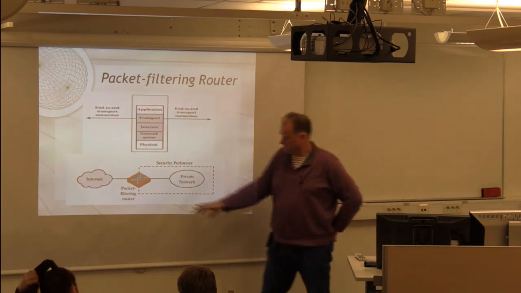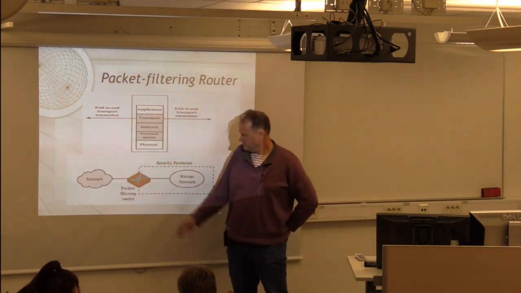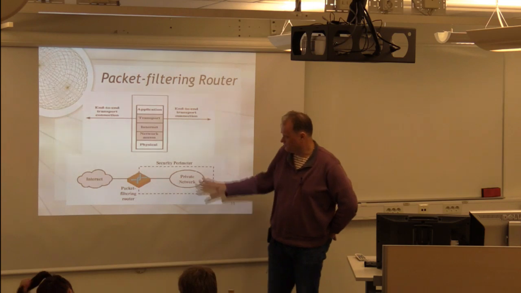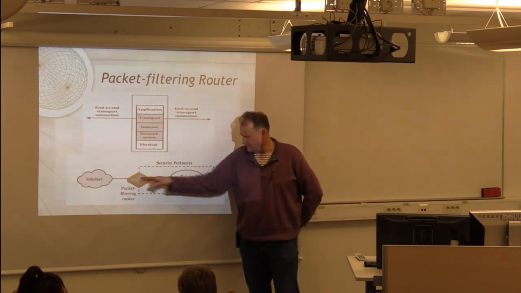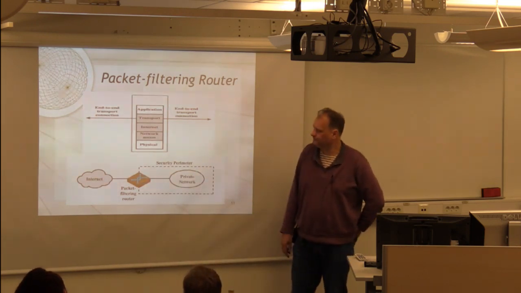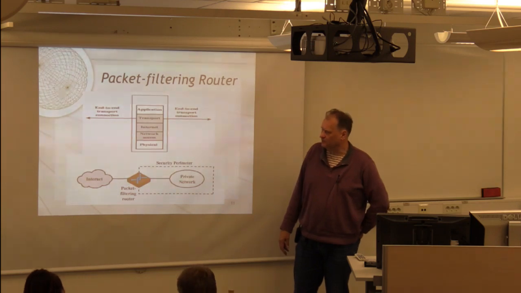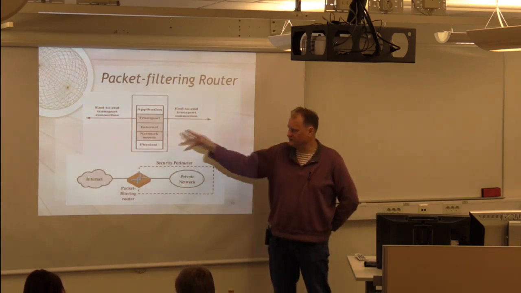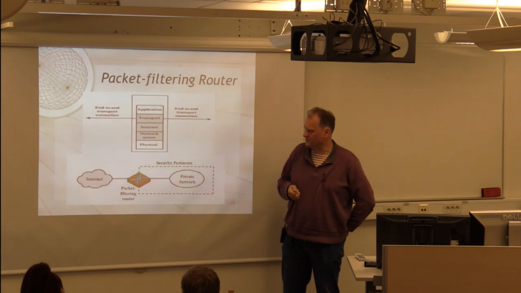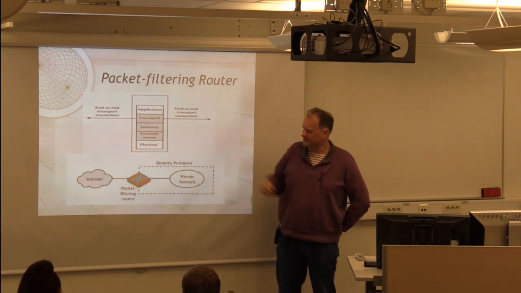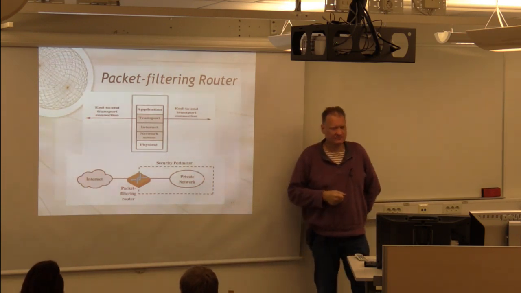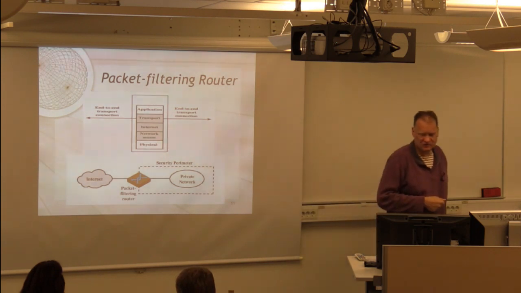So we have an external network, we have this packet filtering router and a private network, and all the traffic flows through it here. And typically when we look at what traffic should be allowed to go in either direction, we look at these three layers in a protocol stack.